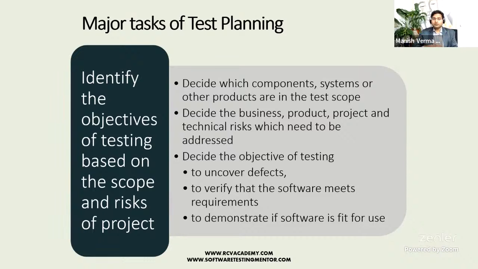Fit for use matters because software might meet the requirement and still not be right. Say, for example, the requirement says the car should have 4 wheels, but doesn't articulate where the 4 wheels should be.